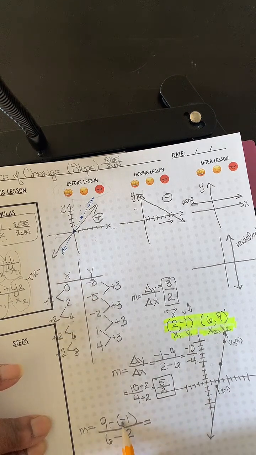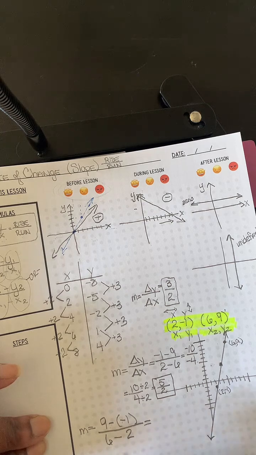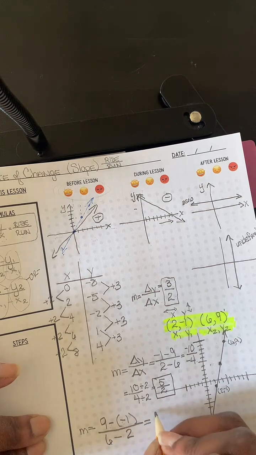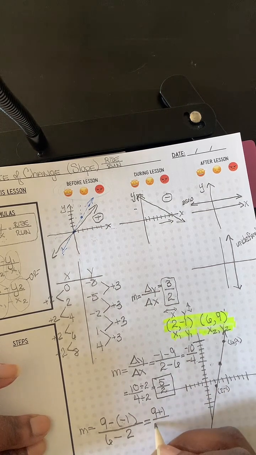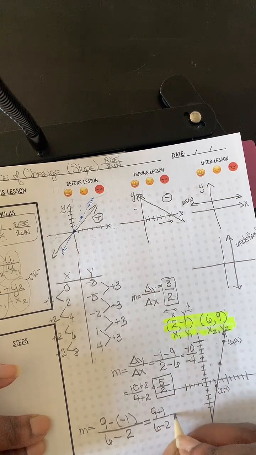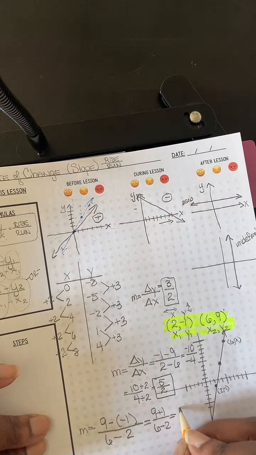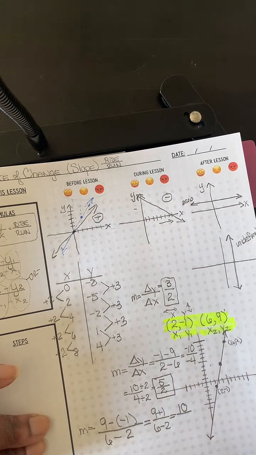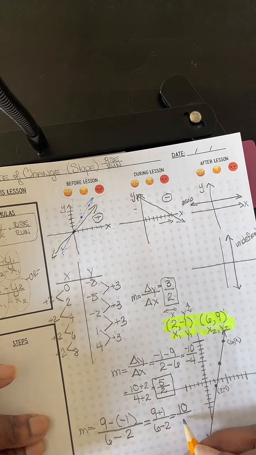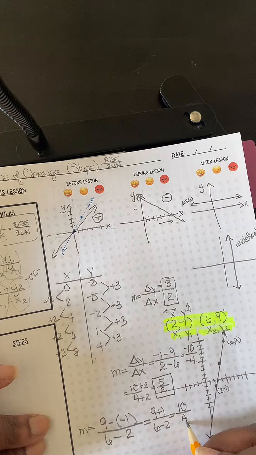When you minus a negative, that's the same as a negative times a negative, which turns positive. So that's 9 plus 1, which gives me 10, not to insult your intelligence. And then 6 minus 2 gives me 4.